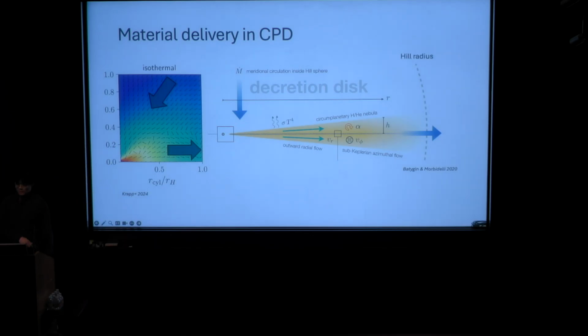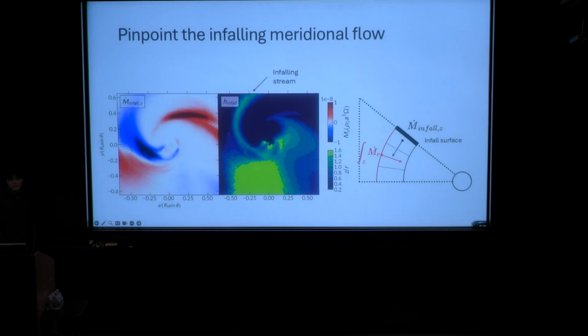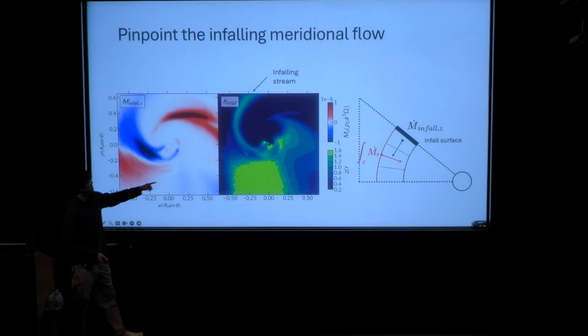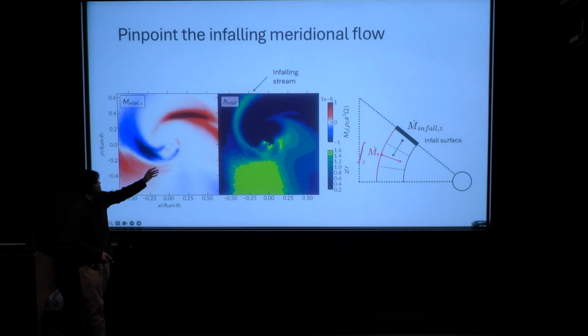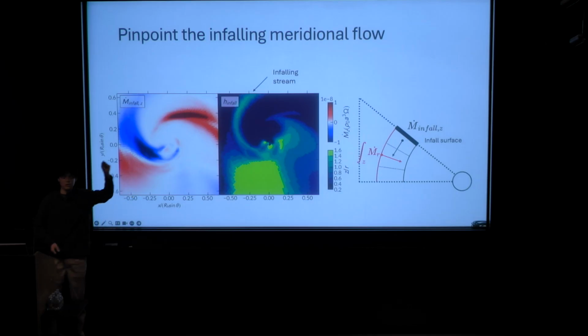To examine this picture, we can pinpoint the infalling meridional flow in our simulation. At each radial and azimuthal location, we pinpoint the infall surface and record its height, as shown in the green colors, which is actually Z over the aspect ratio of the infall stream.